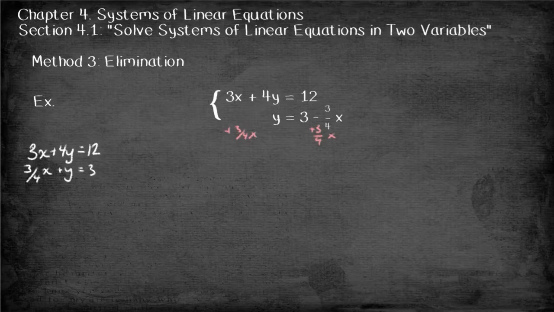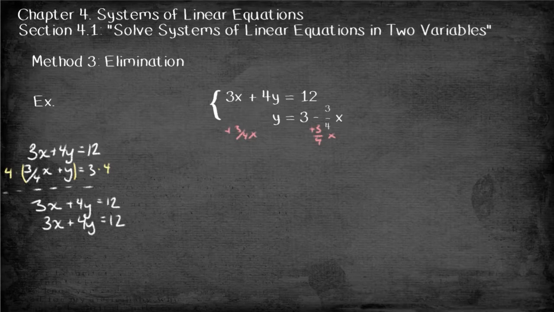And now I have to clear my fractions. There's only one fraction, so I can just multiply the whole second equation by 4. Okay, so both of the equations are now the same.